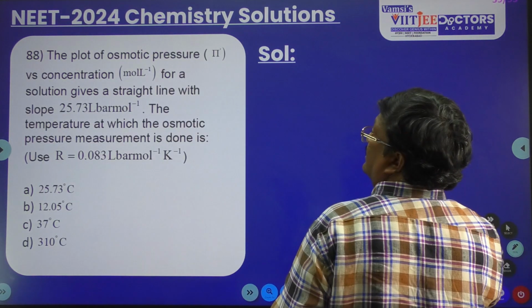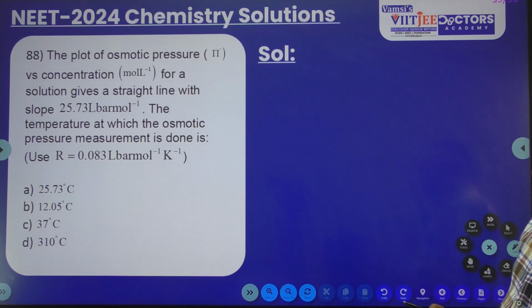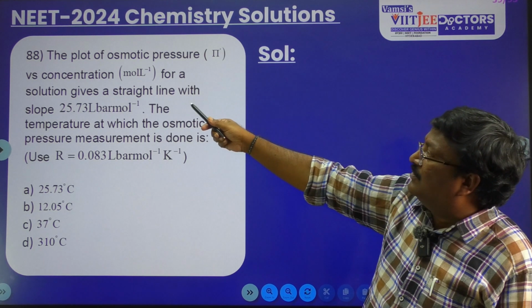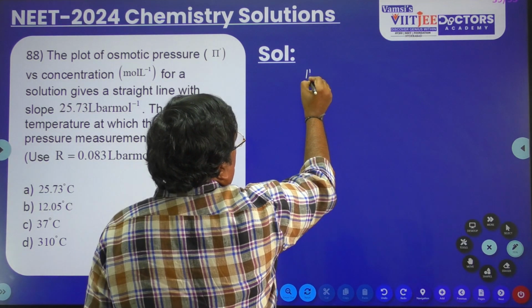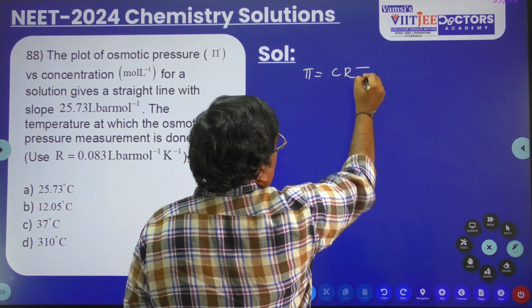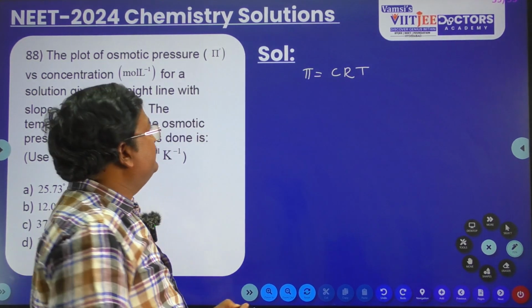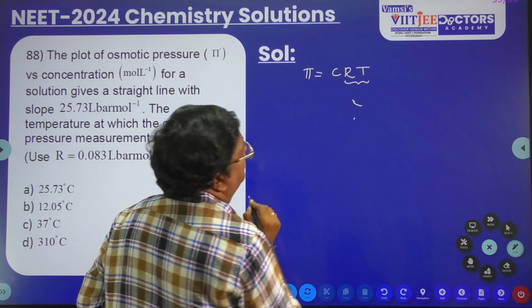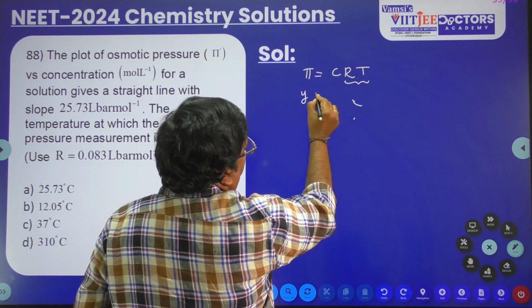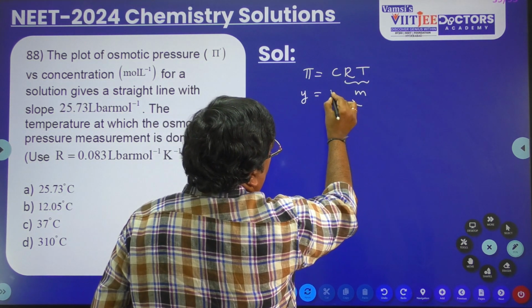Here next, 88. The plot of osmotic pressure versus concentration means here osmotic pressure, concentration, phi equal to CRT. Here graph given, you take it as only one term. Here y equal to mx.